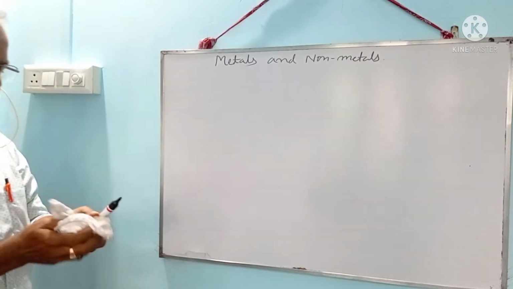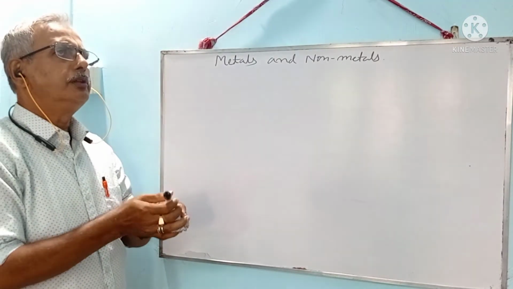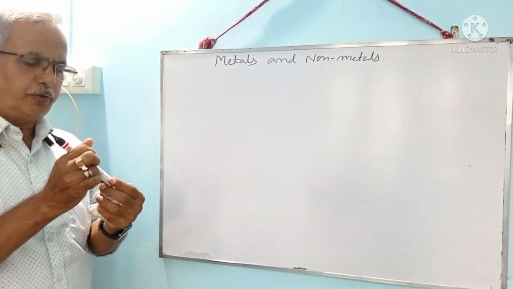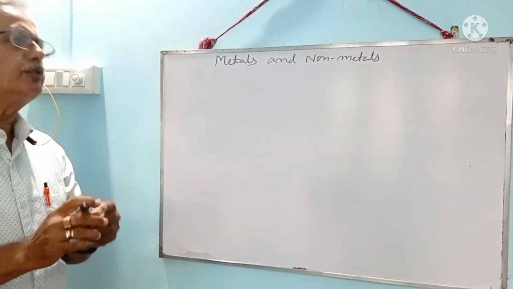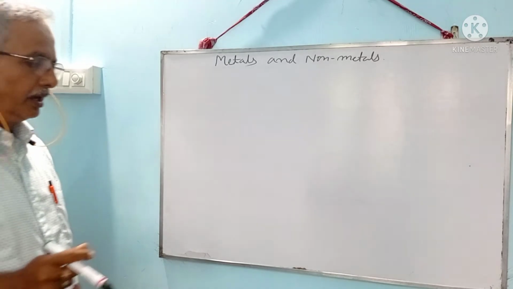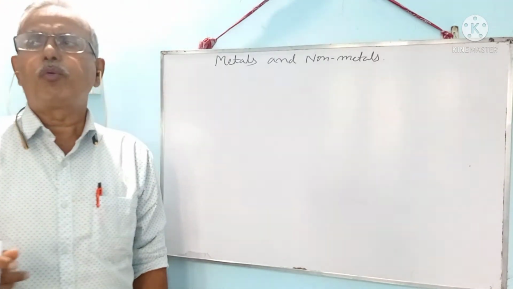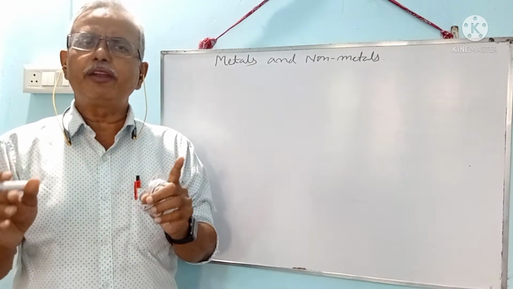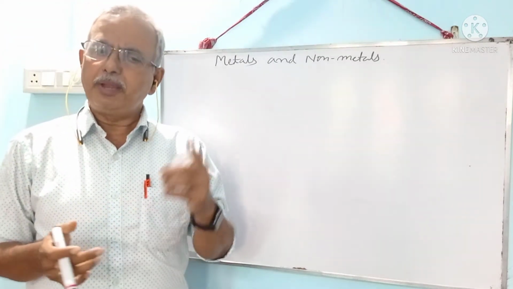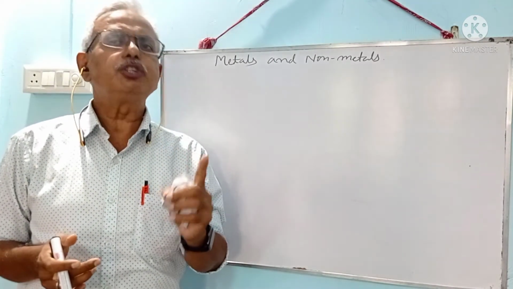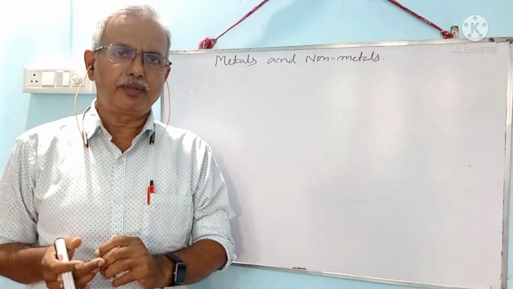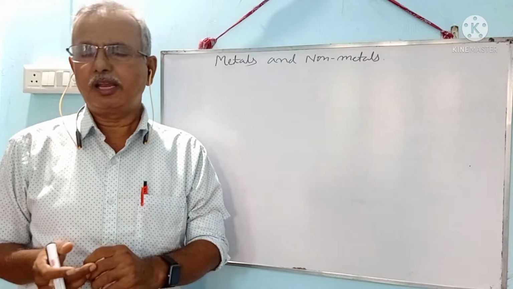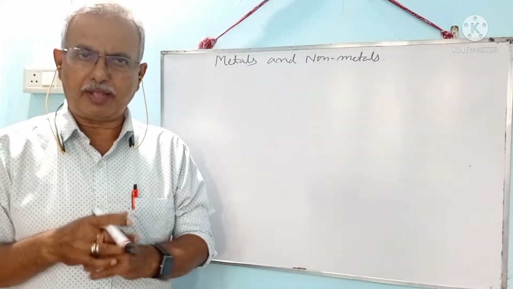In the previous video also I have shown you the formation of sodium chloride. I hope it will be better to repeat once again. Dear friends, whenever a compound is formed between a metal and a non-metal, the metal always has a tendency to lose electrons, and the non-metal has a tendency to gain electrons to form the negative ion.